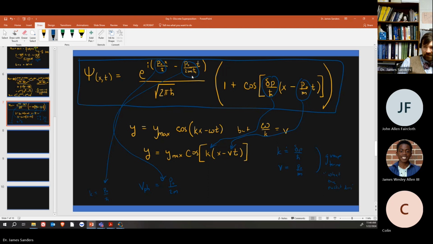But this part right here is the part that's going into the phase. I accidentally circled the h bar as well. So these right here are your phase terms. And that's telling us what the carrier wave does.